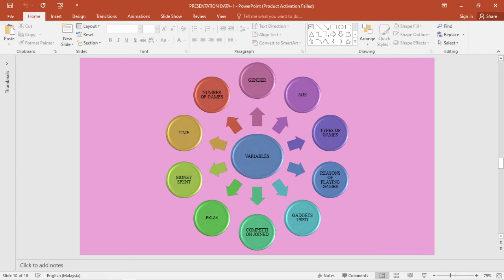These are the 10 variables that we used throughout the survey.